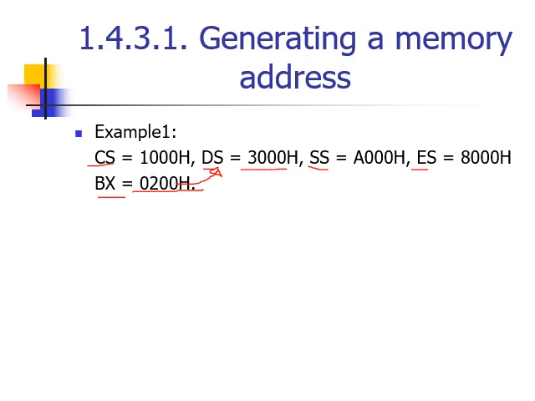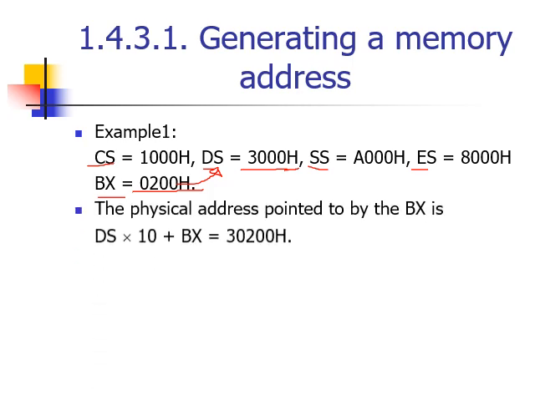So the physical address should be represented by multiplying DS by 10 and adding the 200 hexadecimal to it. So your physical address uses DS and not any other segment register: DS, the data segment register, multiplied by 10, plus BX. This gets you the 20-bit physical address.